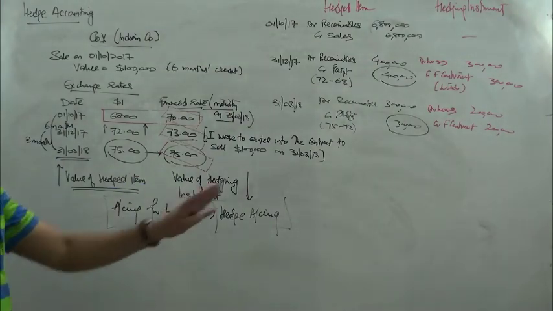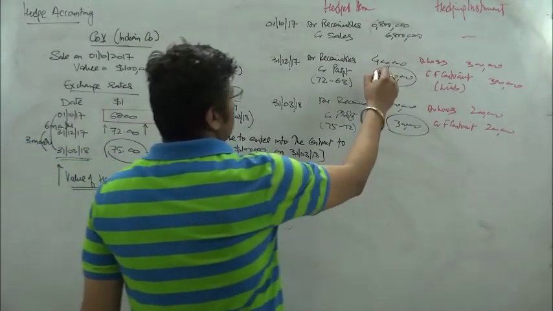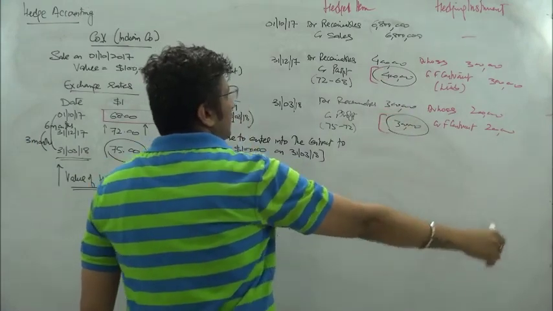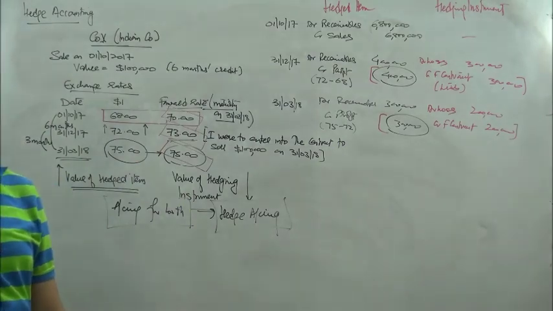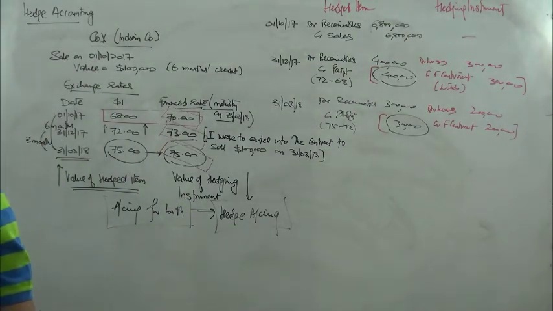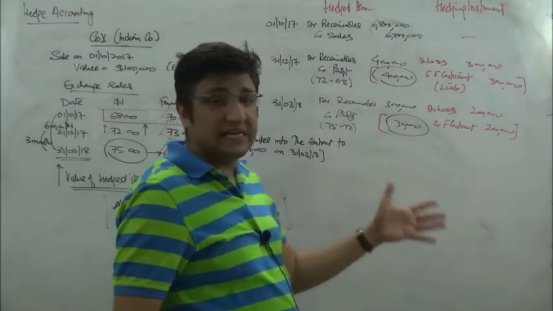Okay, so once I've done this, you will notice there is a 700,000 profit and there's a 500,000 loss coming into books. Effectively, I'm looking at a net gain of, let's say, 200,000. But then I need to settle these things now.